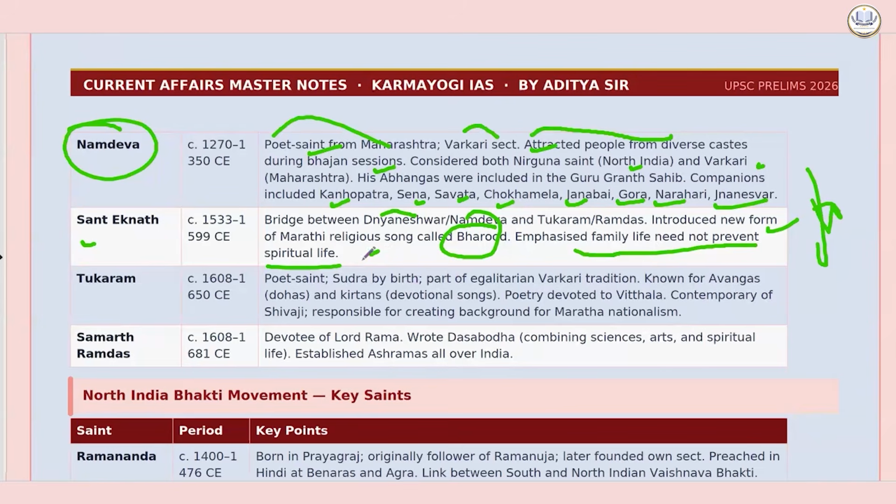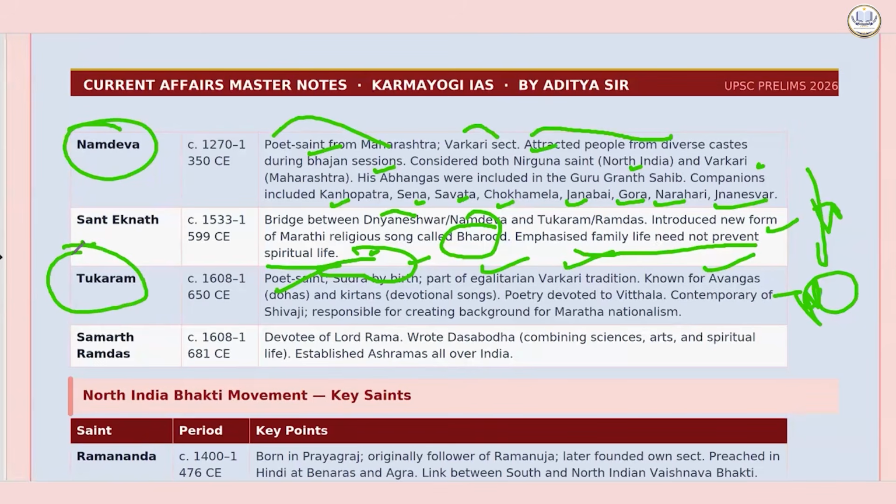This fact is not important for the examination, just written in the books. He was part of the egalitarian Varkari tradition, known for Abhangas and Dohas, because there is nothing called caste. Everybody should be treated as equal, and the only thing which should matter is quality. There are greater saints than people like him, Tukaramji.